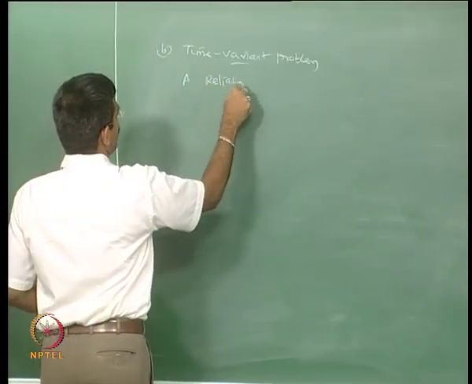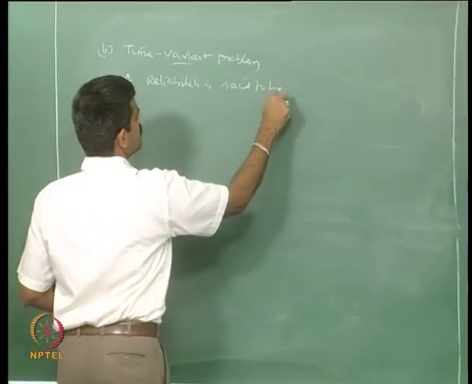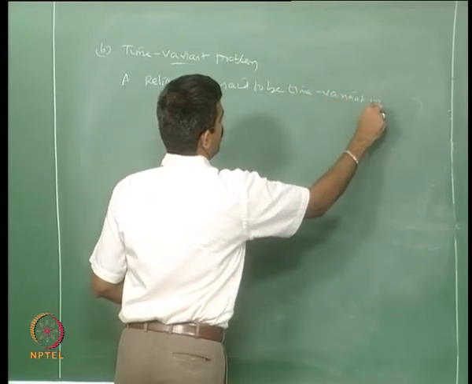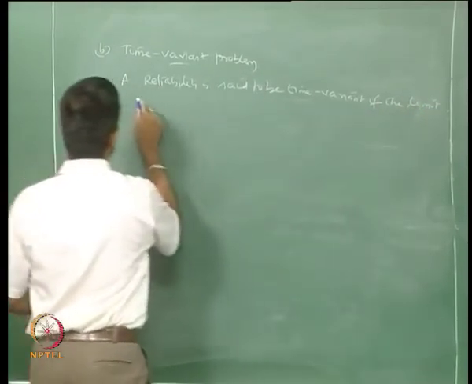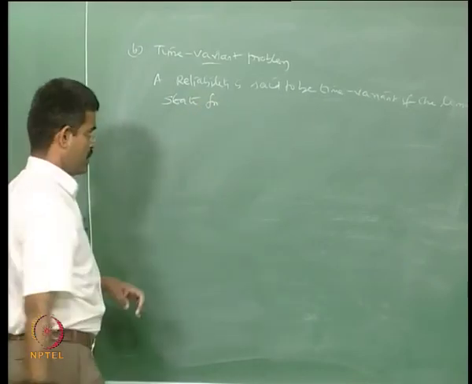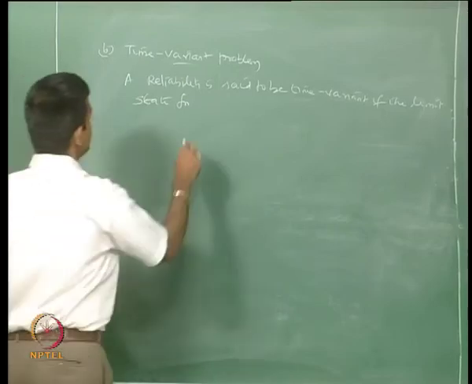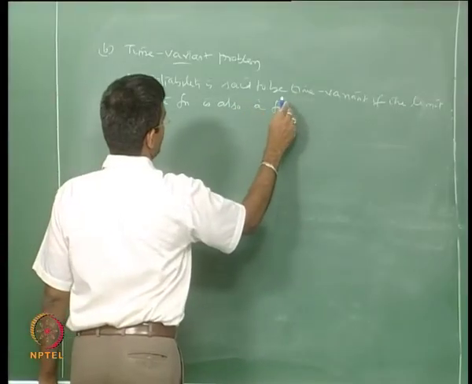A reliability problem is said to be time variant if the limit state function is also a function of time.